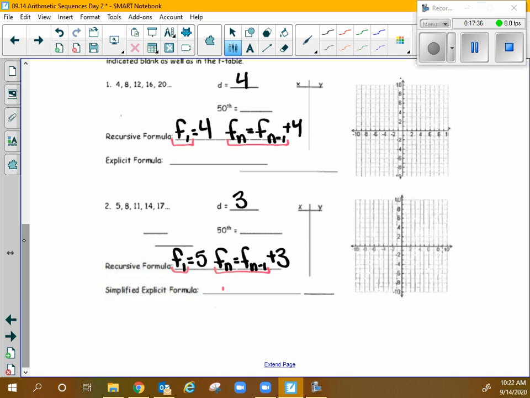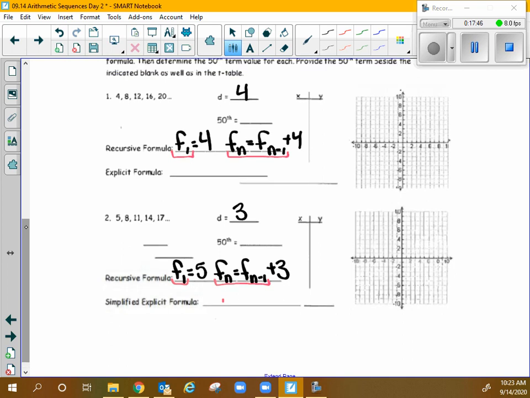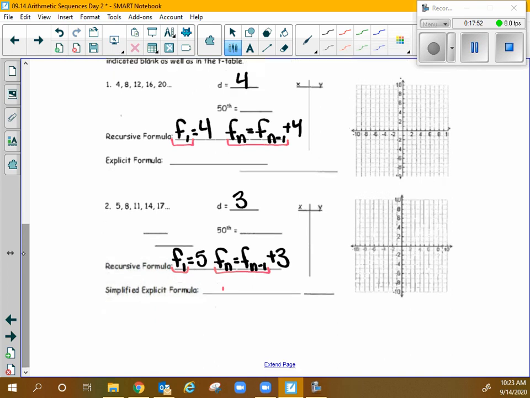All right, so you need the same information for your explicit rule. So the first problem says explicit formula, but look at the second one. It says simplified explicit formula. When you see simplified, we're talking about slope-intercept form.